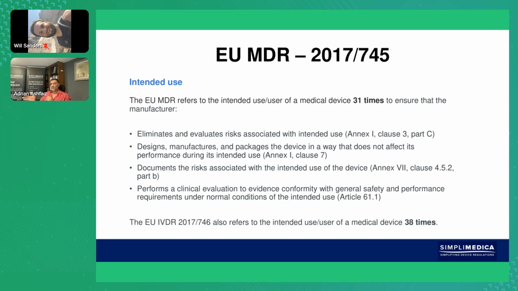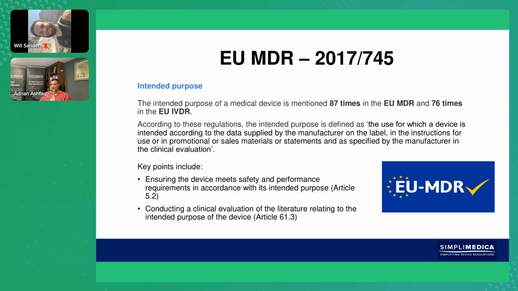So furthermore, looking at the intended use definition from the EU MDR 2017/745, the EU MDR refers to the intended use and user around 31 times, mentioned in different ways. And in the EU IVDR, it mentions the intended use and the user of a medical device 38 times. So it's really important that we're looking at what the regulation is actually telling us.